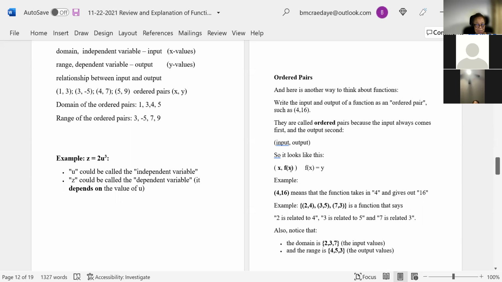Which do you do first? This is just an ordered pair, and I gave you numbers to represent it. If this is a 4 and the output is 16, how did this become a 16? Because I applied the squaring of my input.